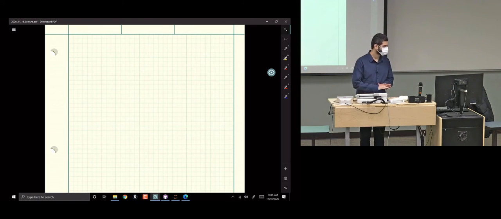A plane is just a flat surface, and it has no end. It goes to infinity. And you can imagine that it will cut the space into two half spaces. One is, let's say, to one side of the plane, the other one is the other side. So it's always like that.